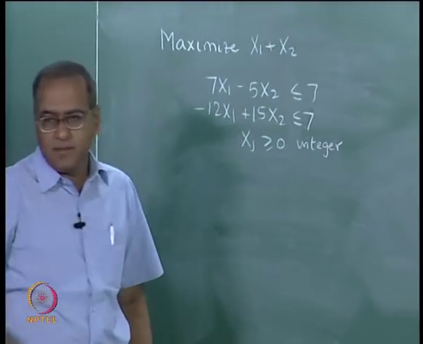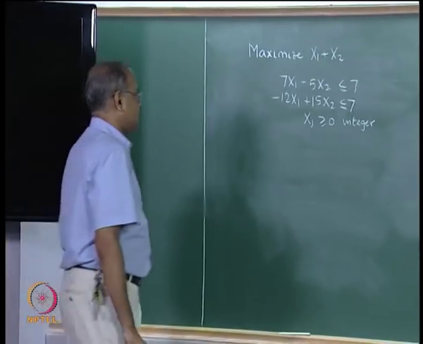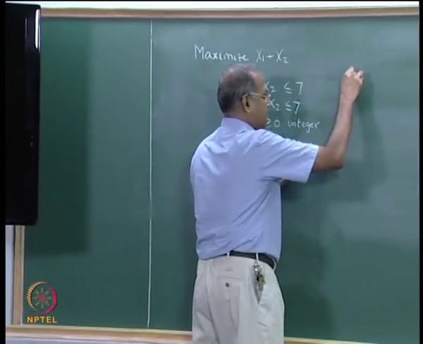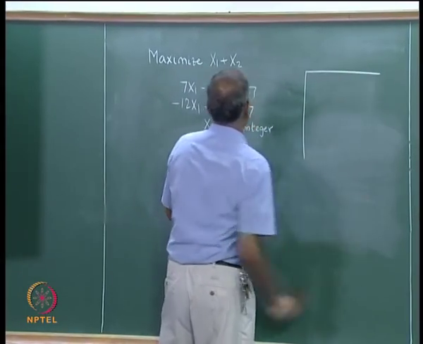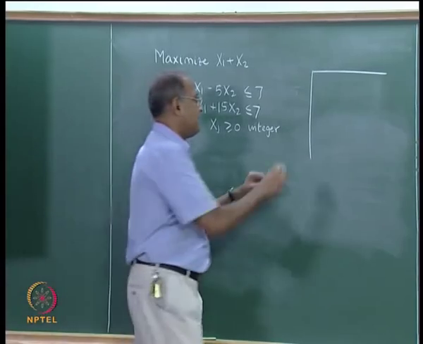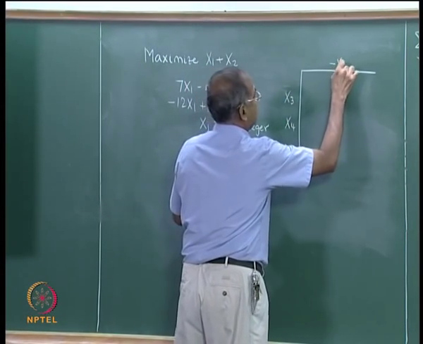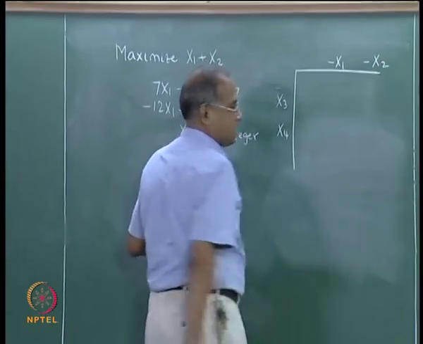So let us take the same example that we saw in the previous lecture to understand it. We set up the initial table with less than or equal to constraints, so you will have two slack variables x3 and x4. We start with x3 and x4 here, and the decision variables will become minus x1 minus x2.